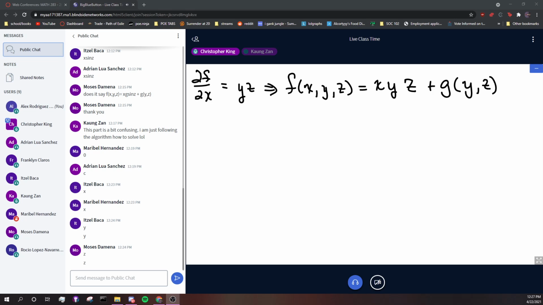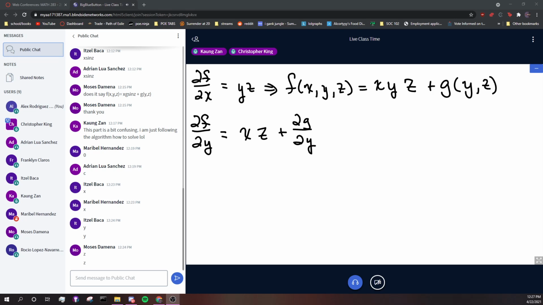So my next step is I'm going to take the partial of f in respect to y. So what would the partial of f in respect to y be? xz. So we're going to have xz plus the partial of g in respect to y.